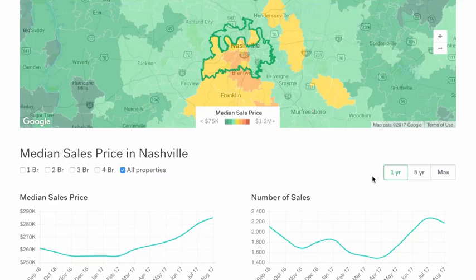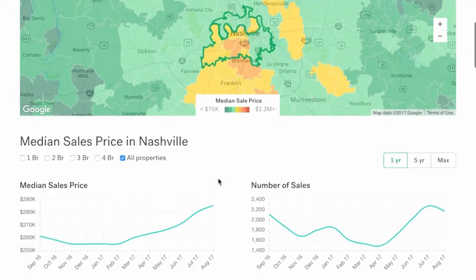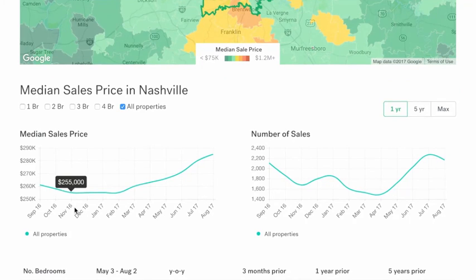That's too big of a trend. You could look at 5 years, but let's look at 1 year to see what's going on. And just like we noticed here, it went from 260 up to 285, like that was what we just looked at. But we're looking at a 1 year trend here. Number of sales went from 2105 to 2163.